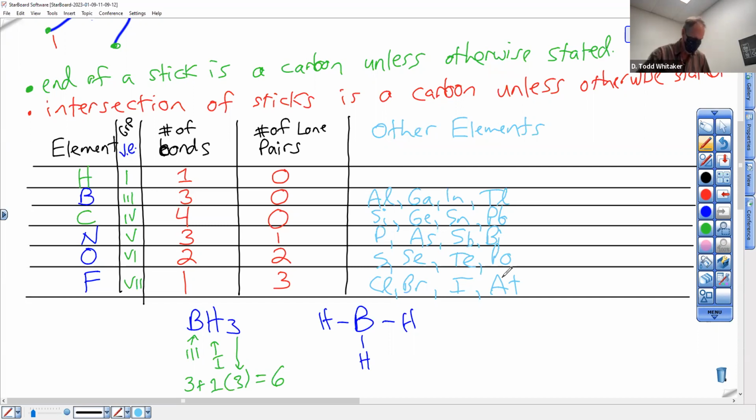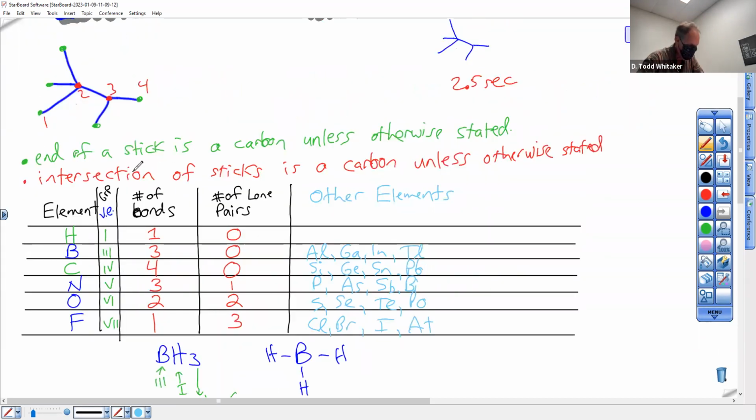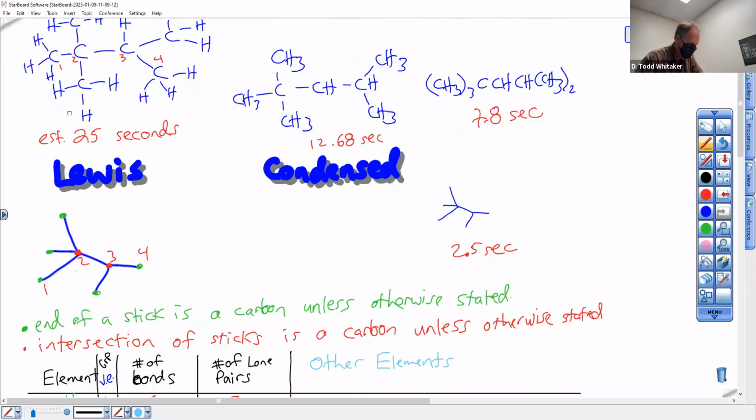So, we're going back to stick figures, finally. This carbon is bonded to carbon 2. Do you agree? 1 and 2. That's 1 bond to carbon 1. Do you agree? How many bonds does carbon like to make? 4. How many bonds, therefore, are missing? 3.